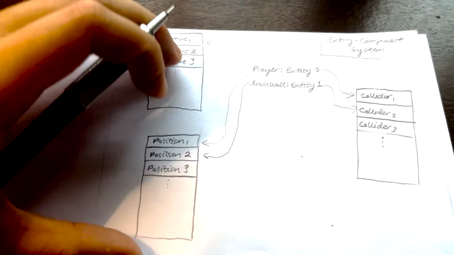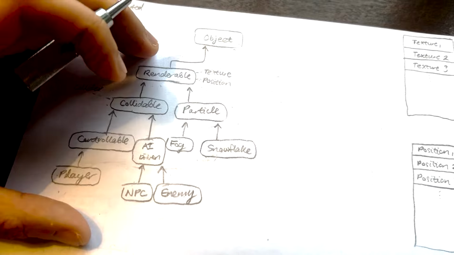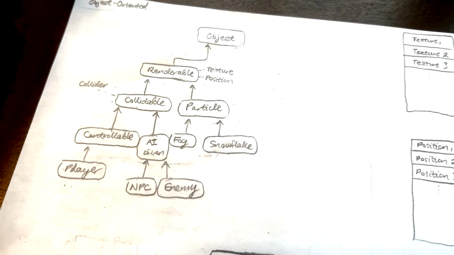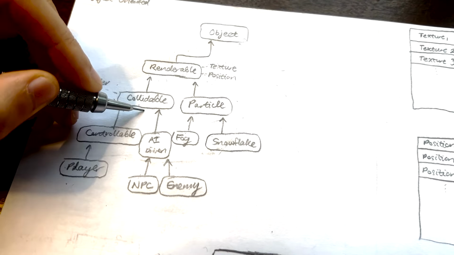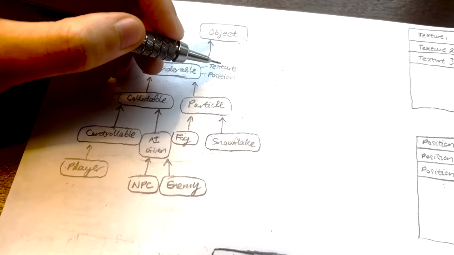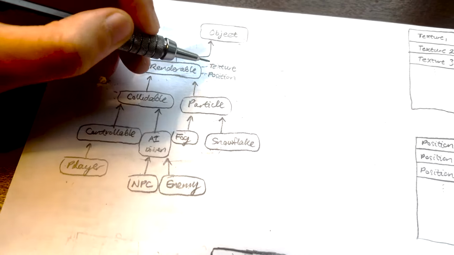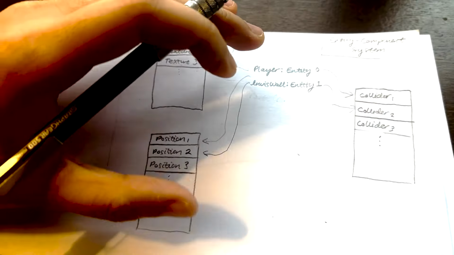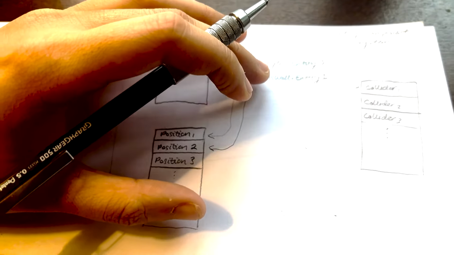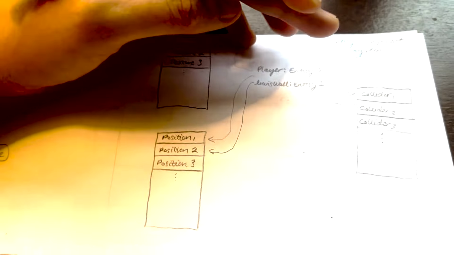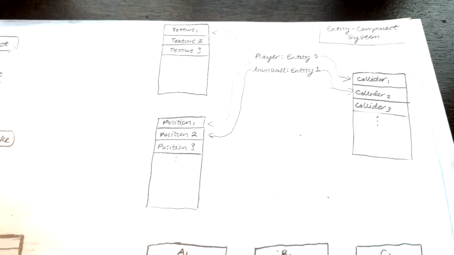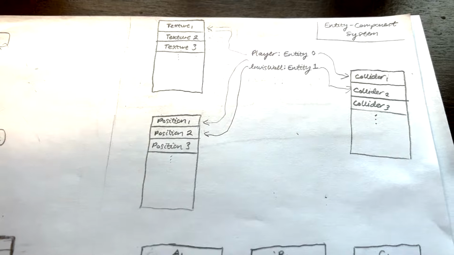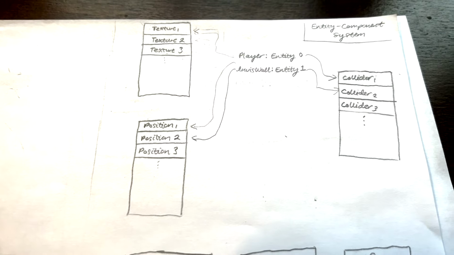In contrast, with object-oriented programming, we had to think about, oh crap, if we put it under collidable, it's going to have this extra texture attribute that we don't actually use. But in ECS, we can just give it the components that it needs, and we don't have to worry about it having redundant attributes. And we also don't have to think about where it falls in the hierarchy.